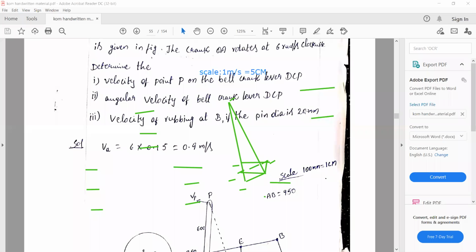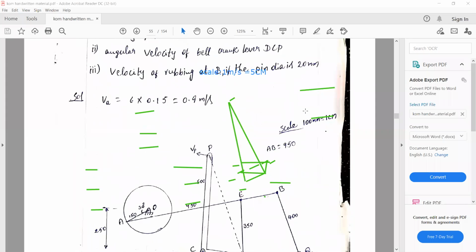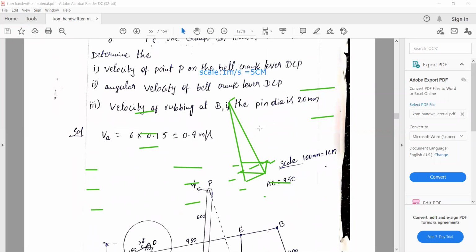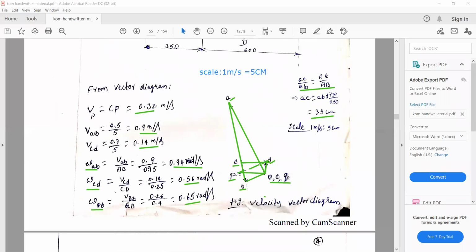So what are the values there? Velocity of point P and angular velocity of bell crank lever DCP. So this link DCPR.